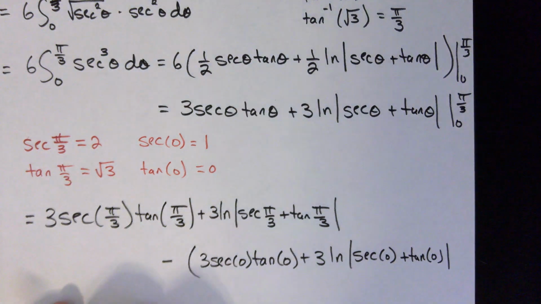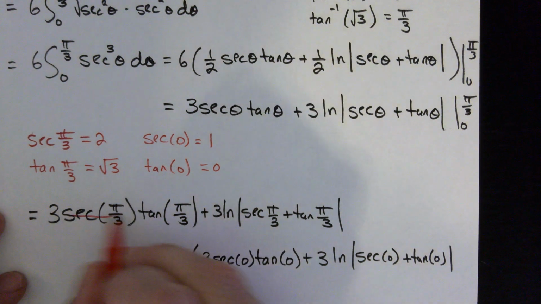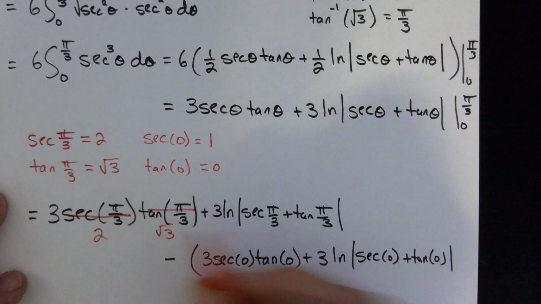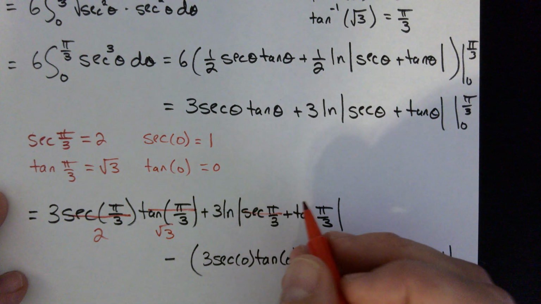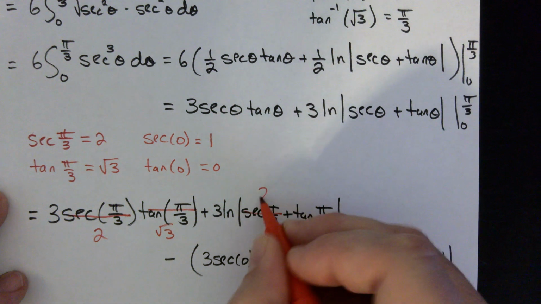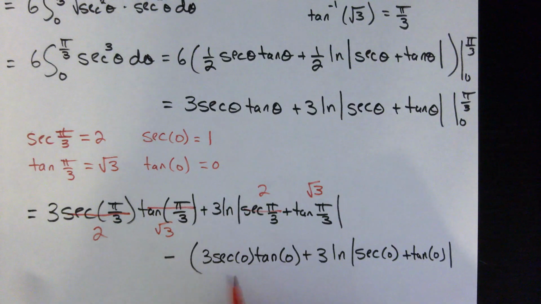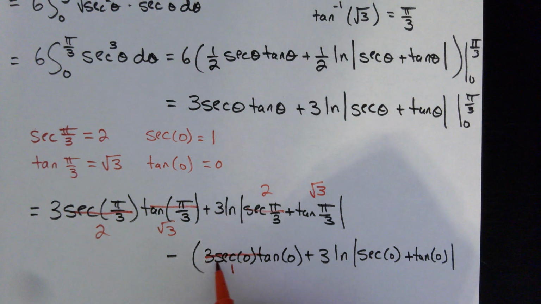Now I'm going to replace these secants and tangents with the answers we got up here. Secant of pi over 3 is 2, and tangent of pi over 3 is root 3. On this next part, secant of 0 is 1 and tangent of 0 is 0, so this whole thing zeroes out.